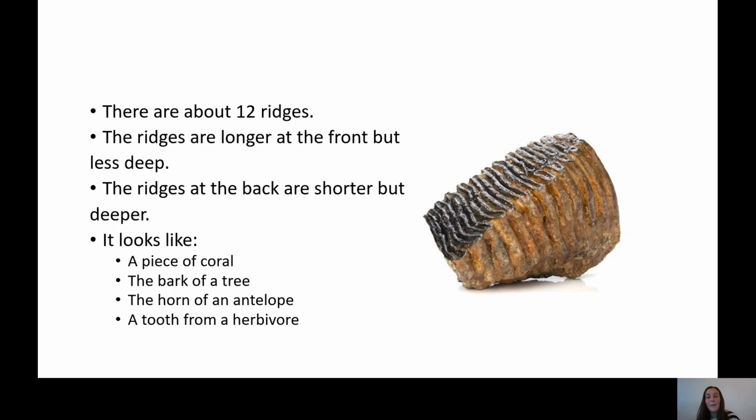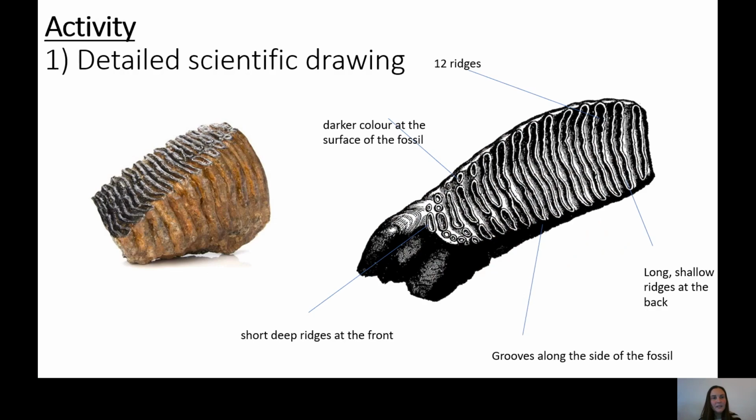So those were just some of my initial thoughts, and you might have had some completely different thoughts. And the good thing about being a detective is that you don't need to be right or wrong, you just need to suggest things. So our activity today is I'm going to give you, a bit later, 3 pictures of fossils, and you're going to choose one, and you need to do a detailed scientific drawing of that fossil.